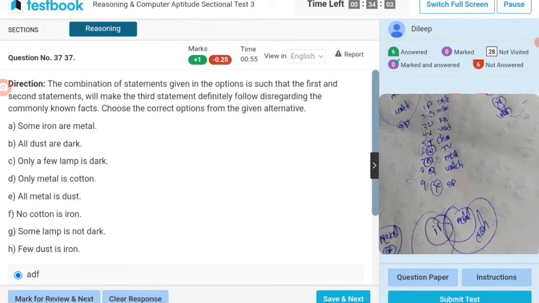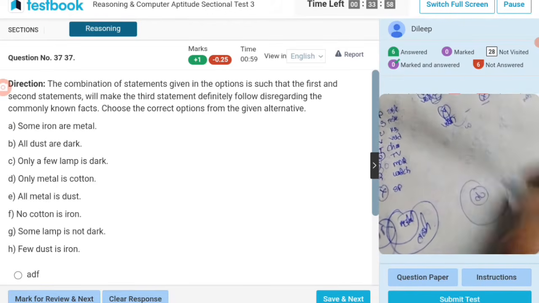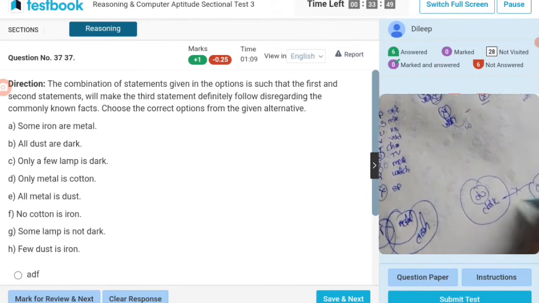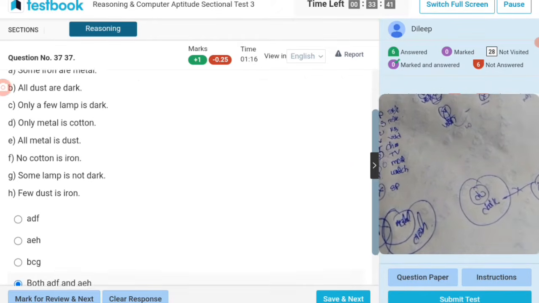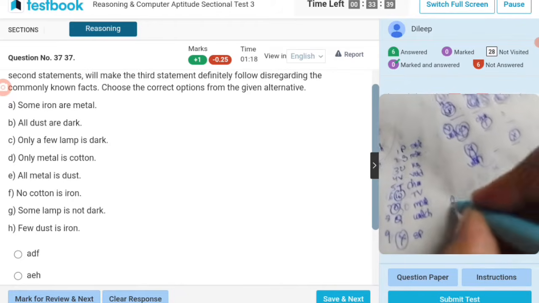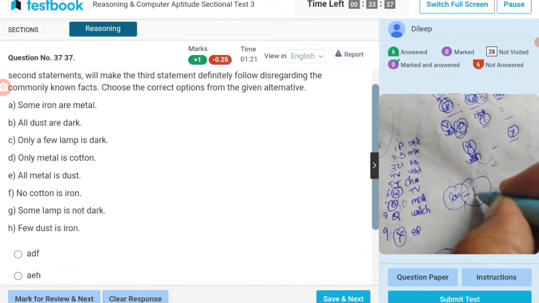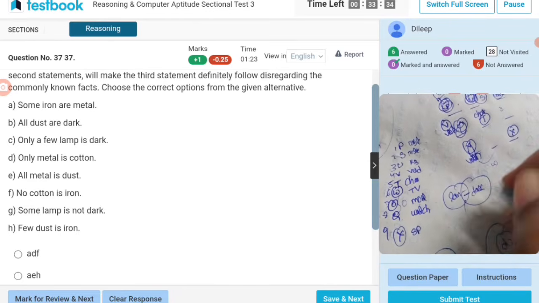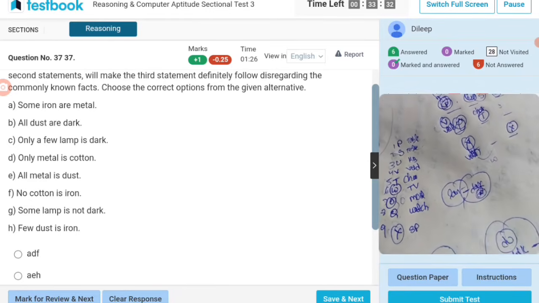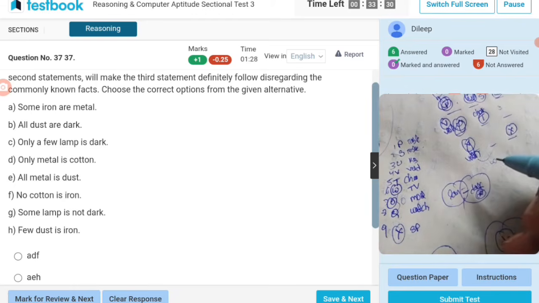Some dust is iron and BCG. All dust dark. Some lamp not dark. BC. Only few lamp dark. All dust dark. So BCG means some lamp is not dark.